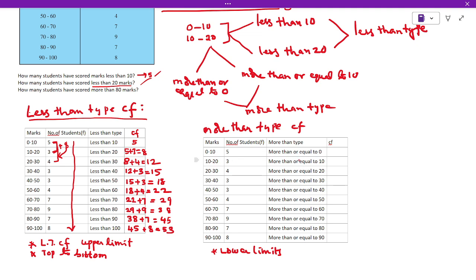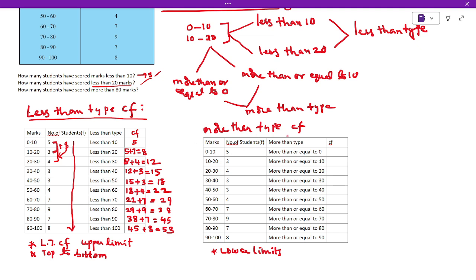Now look at this definition, the sentence more than or equal to 0. What is the meaning of that? I want the number of students who got 0 and more than 0. That means it could be 10 to 20, 20 to 30, 30 to 40, and so on, up to 90 to 100.